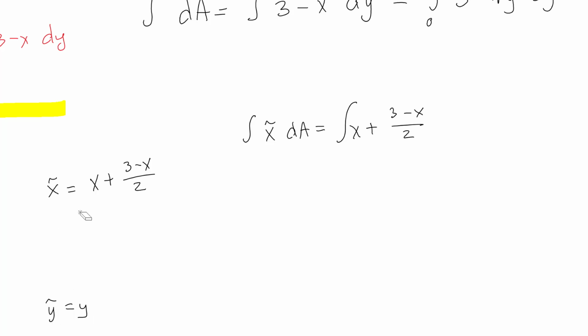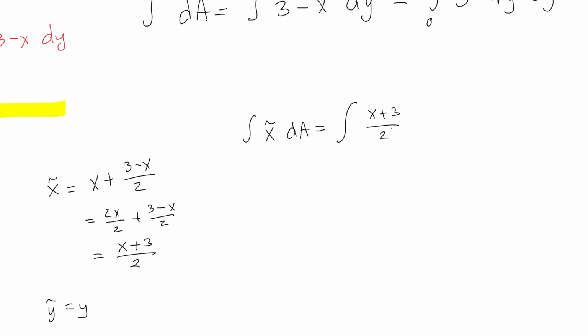So let's say that I had 2x over 2 plus 3 minus x. So 2x minus x is x plus 3 over 2, something like that. I'm really nervous to do that because I feel like that's something stupid I would really mess up. All right, so x tilde is x plus 3 over 2.